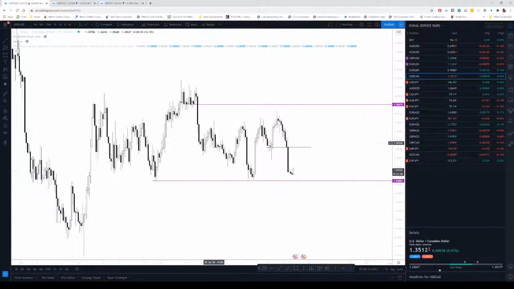Go through your pairs that you look at and look for this pattern that I'm showing you here on the 4-hour. Could be on the 1-hour, but I like it on the 4-hour.